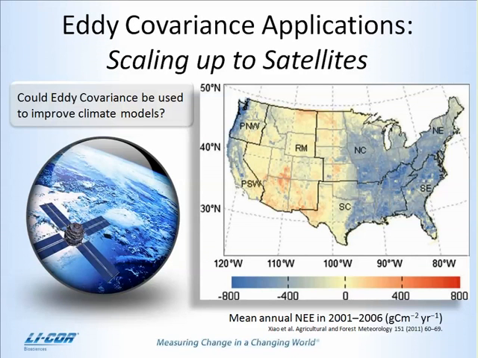And finally, if you look at the big picture, there are a lot of satellites that are being used to study the interactions between the Earth and the atmosphere. Eddy Covariance plays a large role in ground truthing these types of measurements. And is Eddy Covariance something that can be used to even improve climate models?